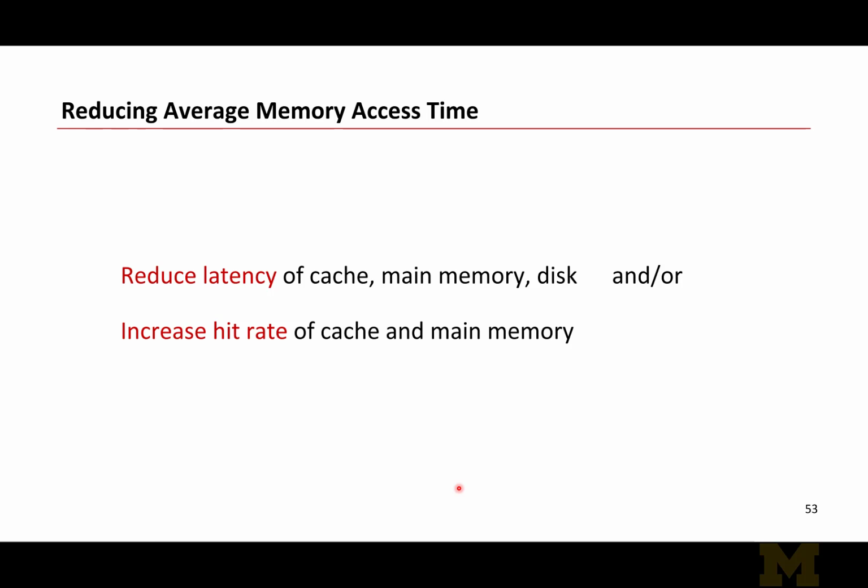And this could be done in a couple of different ways. Maybe you as a programmer can redesign the program to exhibit better locality and therefore it will have a high hit rate, or the hardware designer can come up with better replacement policies.